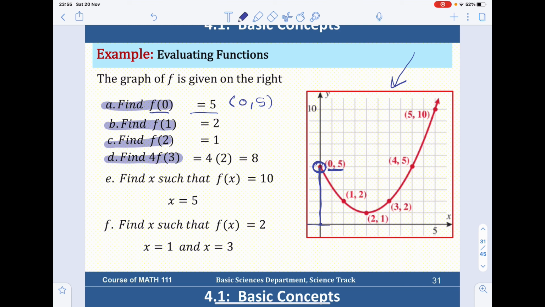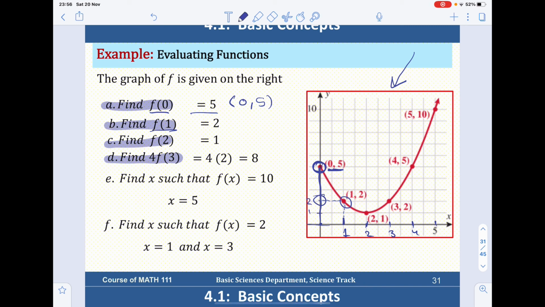Okay, f of 1, so we will go to the 1, which is here. This is 1, this is 2, this is 3, and this is 4, and this is 5. Okay, so the same thing, we will go up until we hit the graph, then we will go horizontally to the y-axis. So this is the point, which is 2.